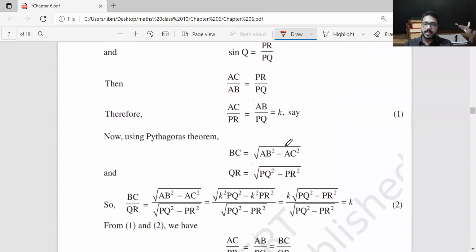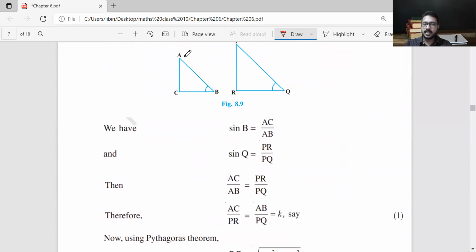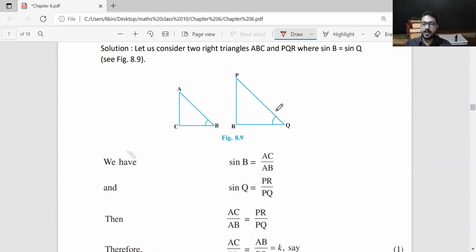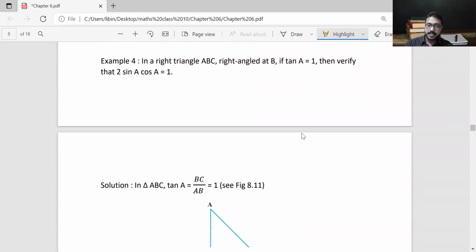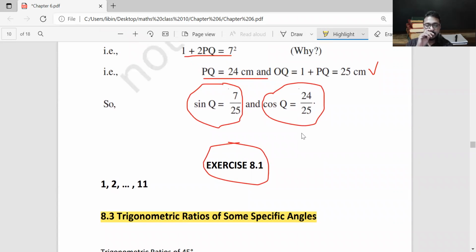And in solving all these questions, we are naming the angles as either angle CAB or angle PQR, or sine Q. You see, in this question you are asked sine B is equal to sine Q. So the value of B means the angle, or the Q, we don't know it. Only there we are naming it. Okay, but now in this section 8.3, we will learn specifically some values for the trigonometric ratios.